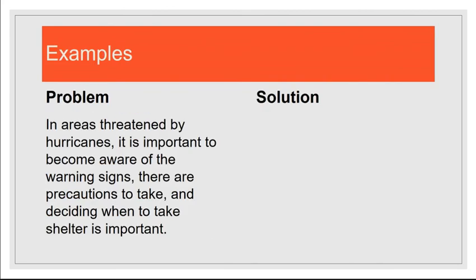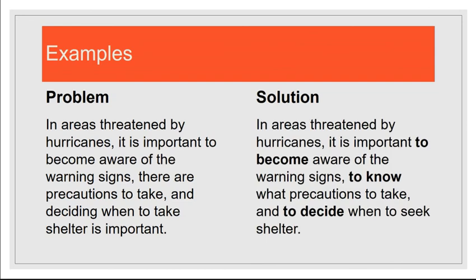Here's some more examples. In areas threatened by hurricanes, it's important to become aware of the warning signs. There are precautions to take, and deciding when to take shelter is important. This is a very confusing sentence because the 3 things that are being listed here don't have the same form. The solution is to make it the same. If we've got a to become, let's make the rest of those: to become, to know, and to decide.